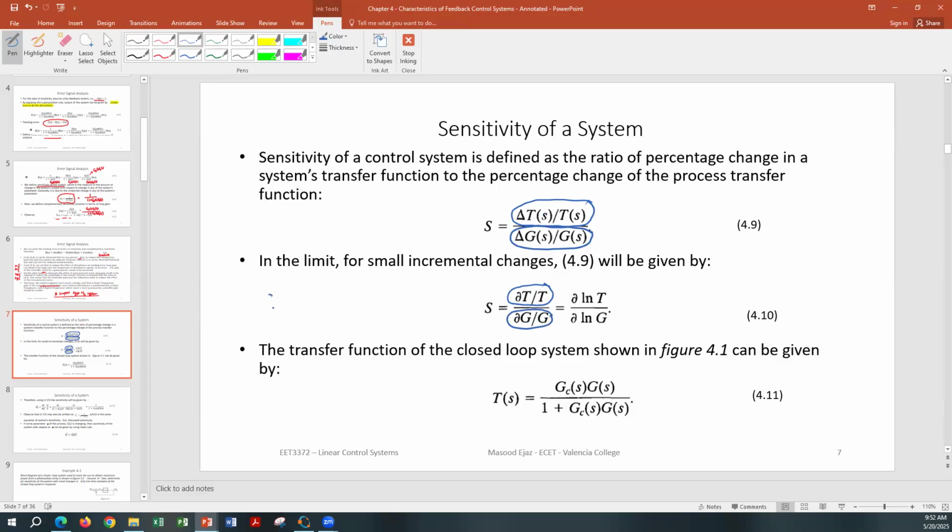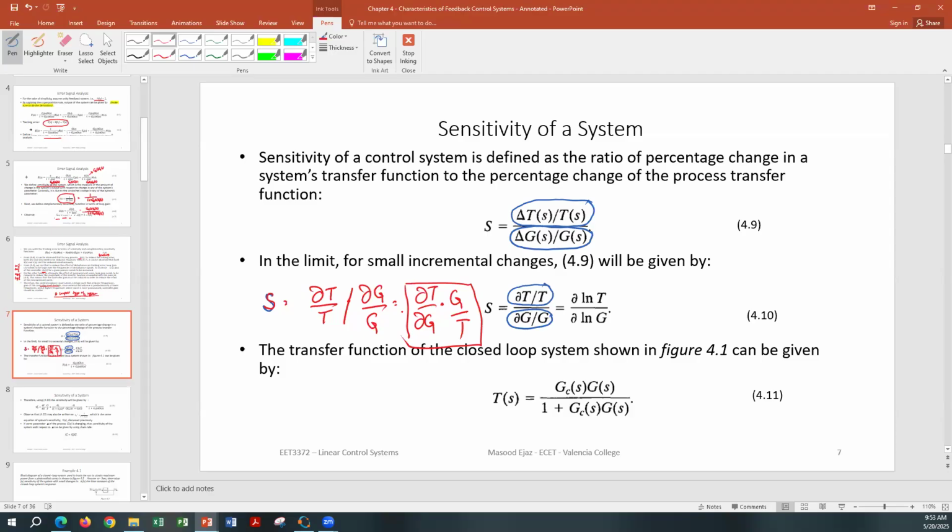So this is how you're defining your sensitivity. In other words, we can also write sensitivity as follows. This is a common expression that we use for the sensitivity: rate of change of transfer function with respect to the process times the ratio between the process gain and the transfer function.